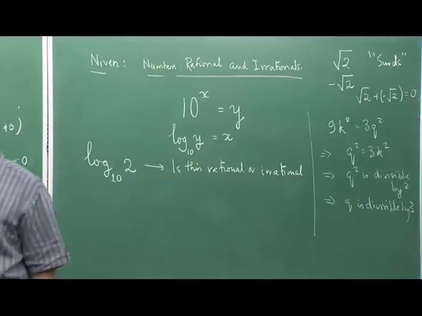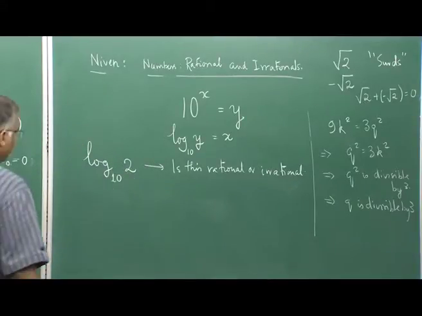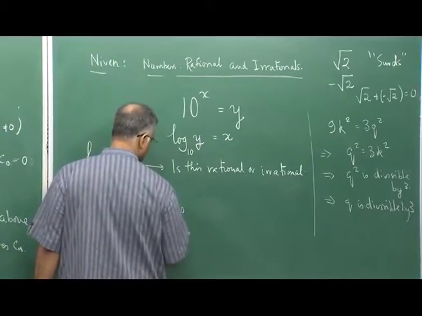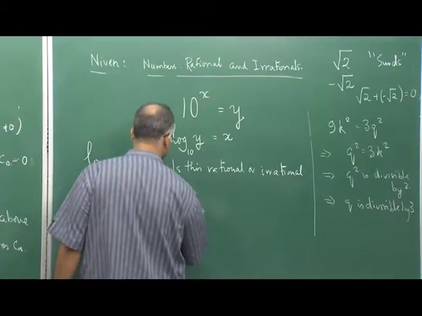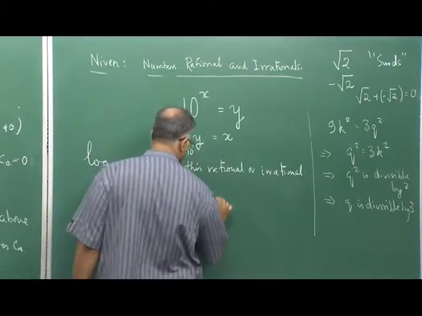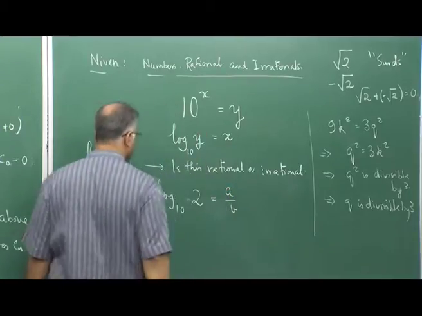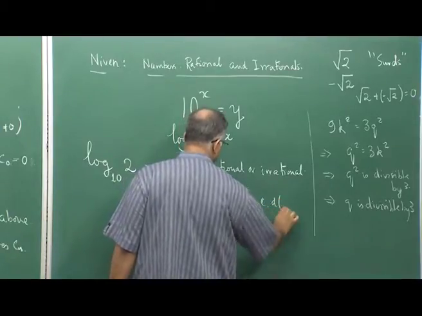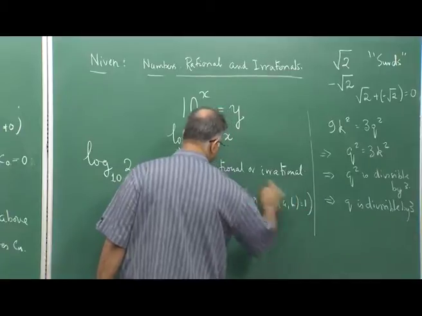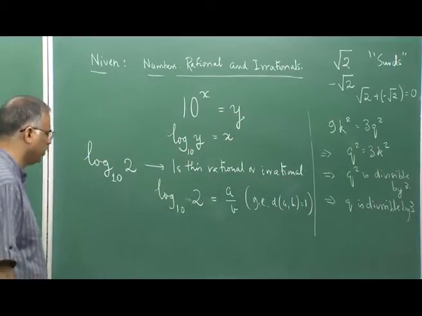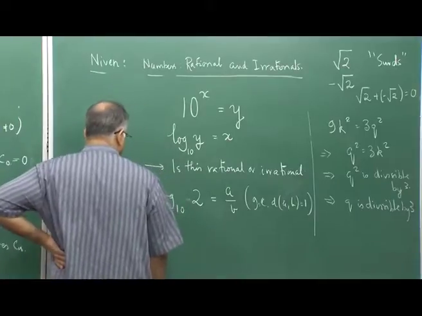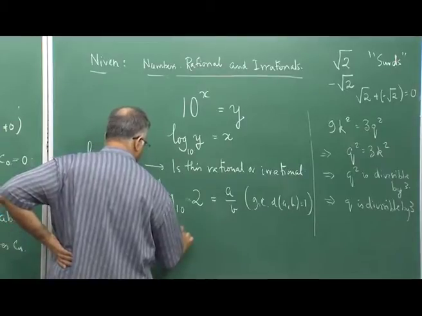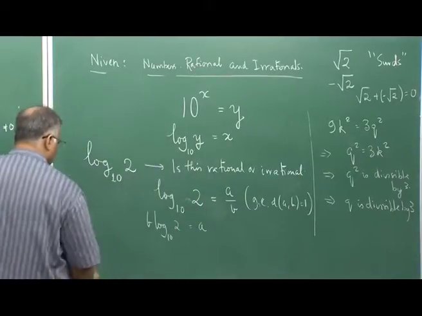Let me assume that it is rational as before, say A by B in the reduced form, GCD is 1. The greatest common divisor between A and B is 1, that is, there is no common factor other than 1.